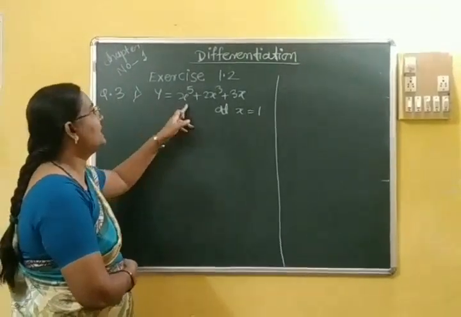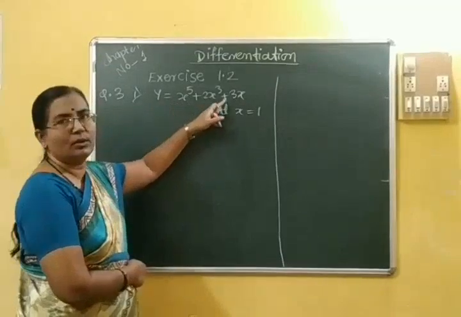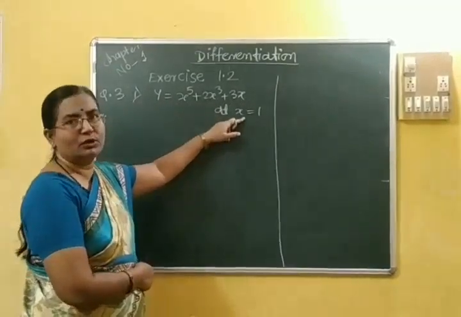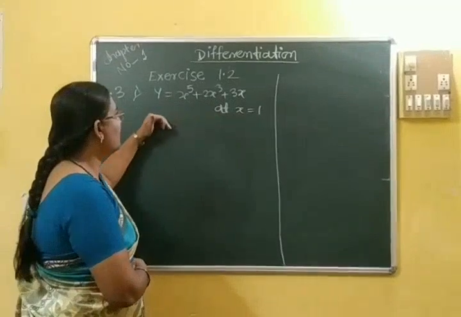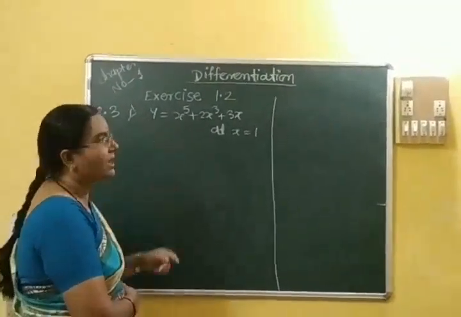y is equal to x raised to 5 plus 2x cube plus 3x at x is equal to 1. We first have to find the derivative of the given function.